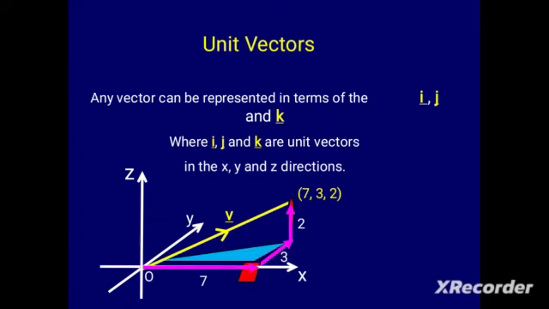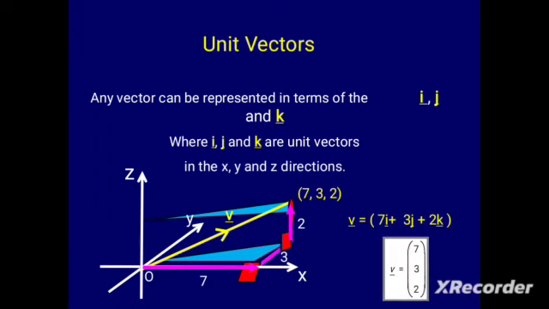And so vector v, which was the velocity of an aircraft, can be given as 7i plus 3j plus 2k.